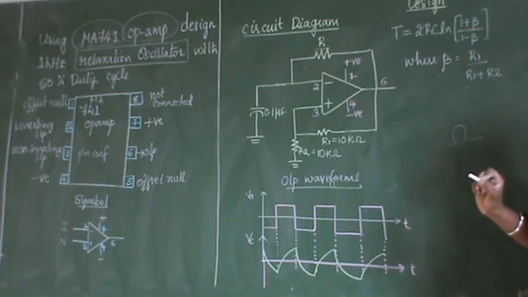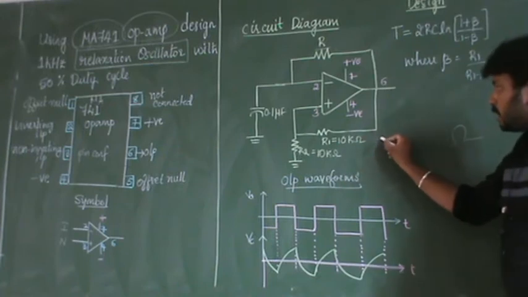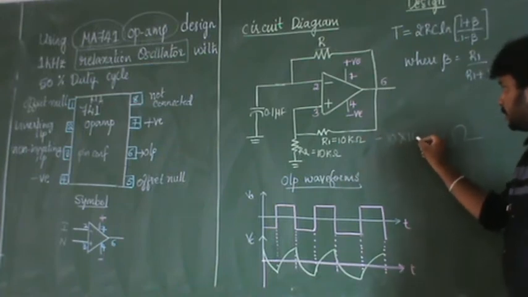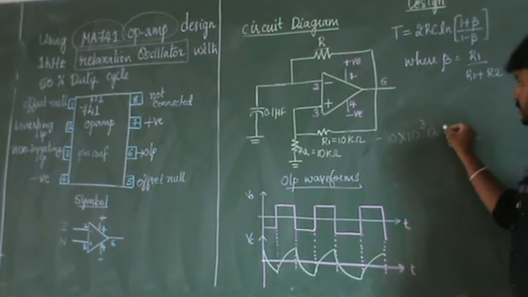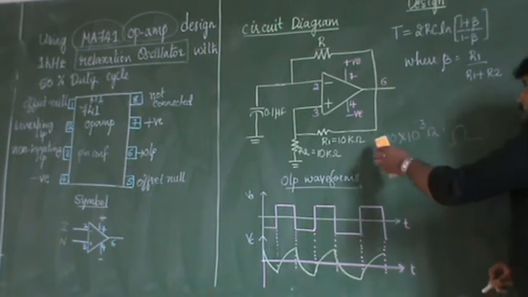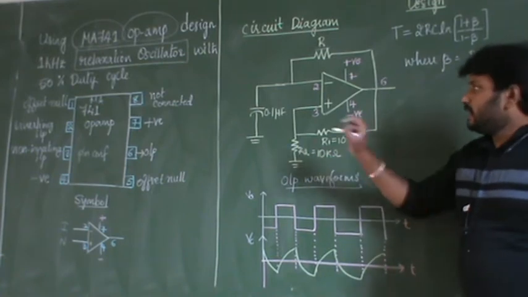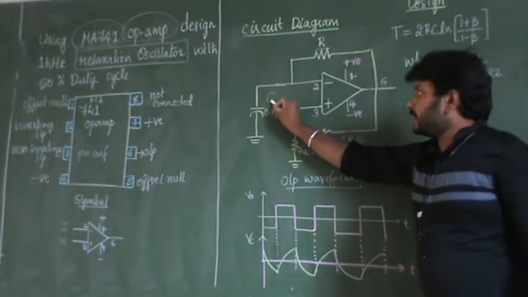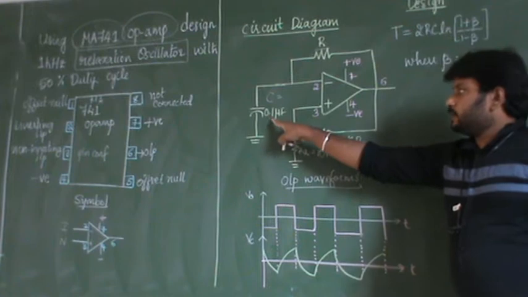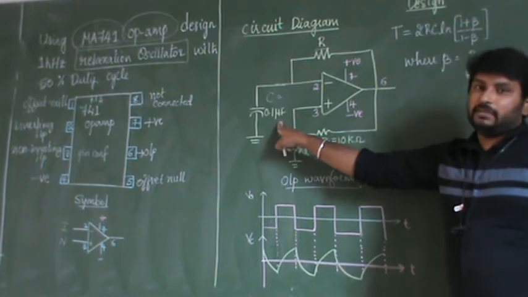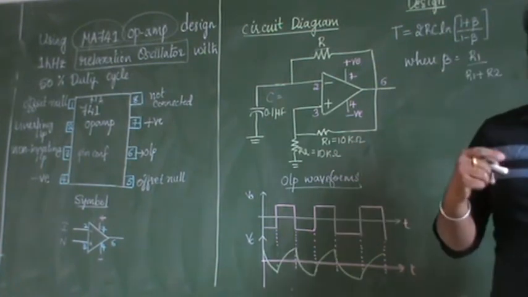Kilo means 10 to the power of 3, so this is 10 into 10 to the power of 3 ohms, that is 10 kilo ohms. These R1 and R2 we are assuming, and we are also assuming the capacitor as 0.1 microfarad. Farad is the unit for capacitance.